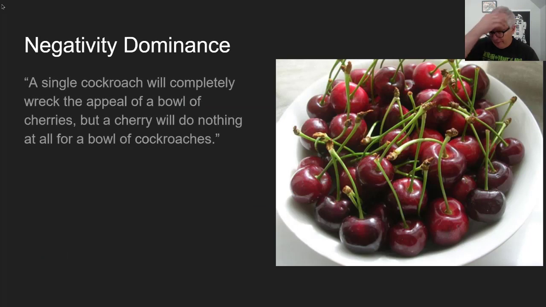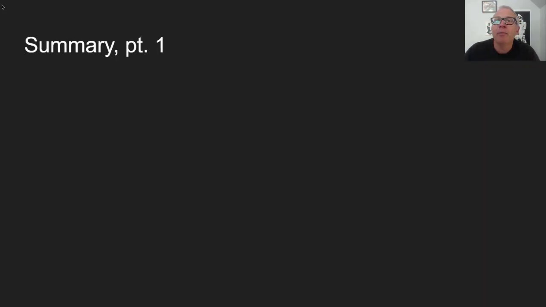One way this got put, and I forget who said this originally, it wasn't Kahneman, a single cockroach will completely wreck the appeal of a bowl of cherries, but a single cherry will do nothing at all for a bowl of cockroaches. And I hope you're looking in that bowl of cherries for the cockroach.